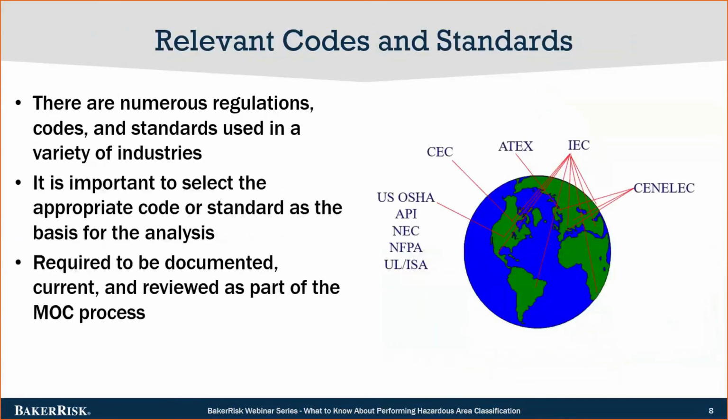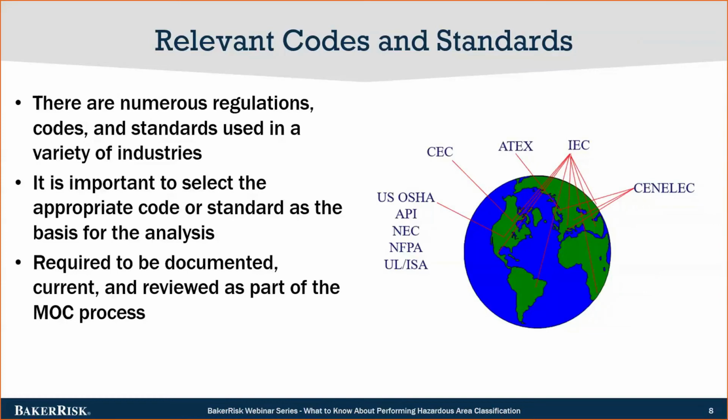The hazardous area work involves a number of codes and standards. Depending where you are in the world, you may see some of these. This is an example of several of them. They include, in the United States, OSHA, which is a government regulation. We have API, the American Petroleum Institute. We have the NEC and NFPA, which are both National Fire Protection Association documents.